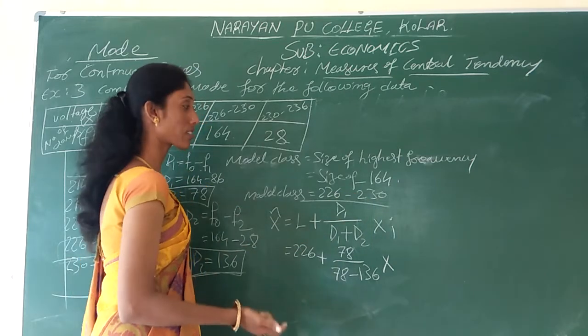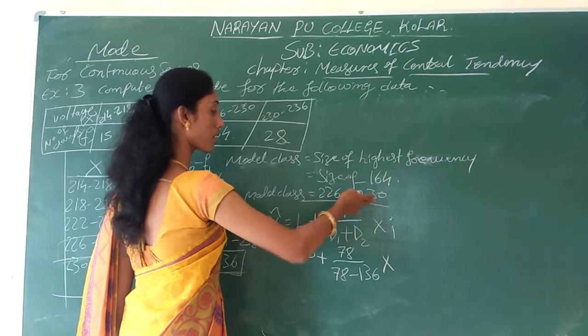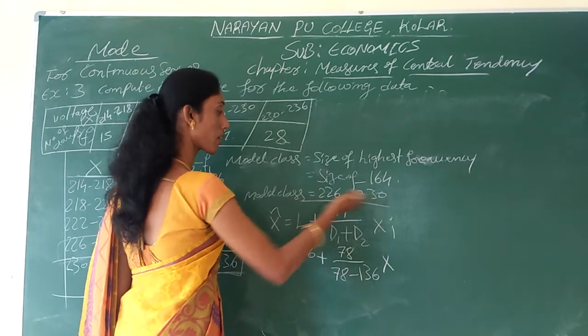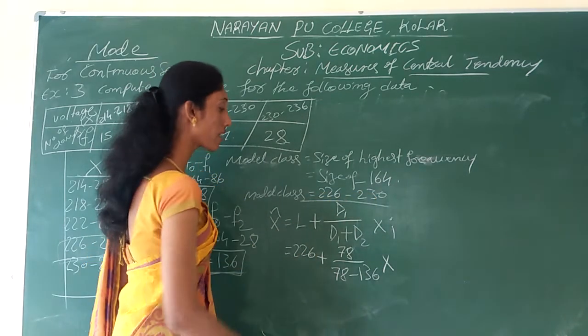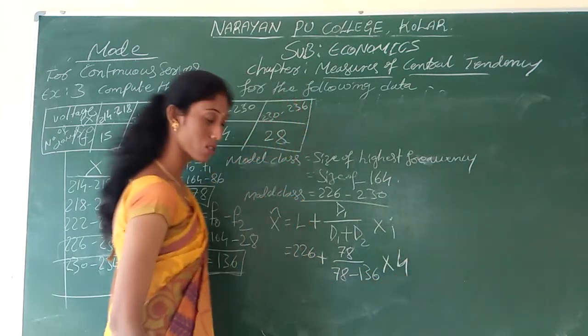What is the size of class interval? 4. Or else simply we can apply the formula: upper class limit minus lower class limit. 230 minus 226, we get 4 as the size of class interval.